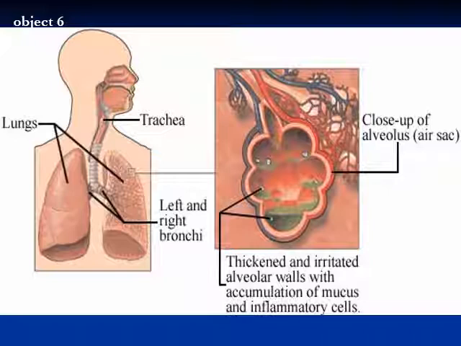If you take this alveoli, there is thickening of the alveolar wall due to congestion, and also accumulation of mucus, transudate, exudate, and cells inside the alveoli. Later on, it is filled by inflammatory cells and even pus, which is called consolidation.